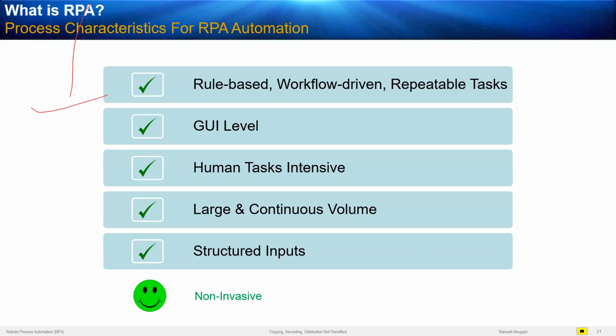Any process where you repeat the same thing again and again, think of claim processing. It is the same task to be performed for 1 case or 100 cases or 1,000 cases. It is workflow driven. The steps are very well defined upfront. Rules are very clear.